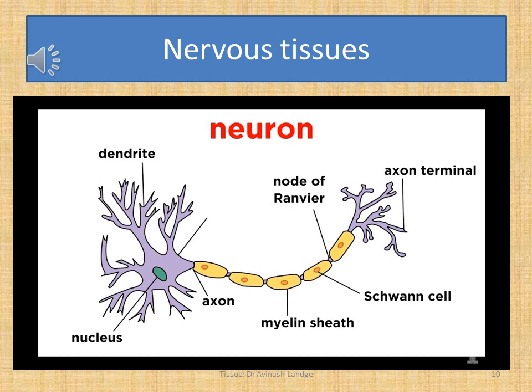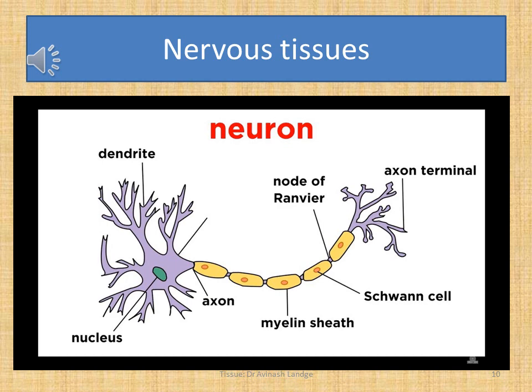Last but not least is nervous tissue. These nervous tissues are highly specialized tissues due to which animals are able to perceive and respond to stimuli. Their functional unit is called a neuron.